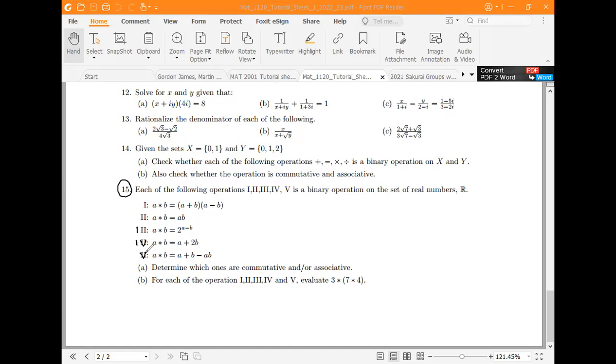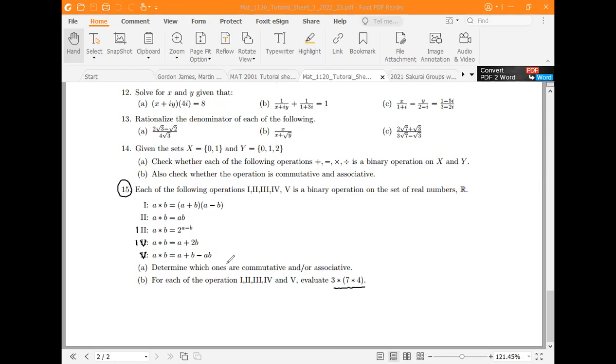In part B, for each of the operations, you must evaluate 3 star 7 star 4. So now, let's check.